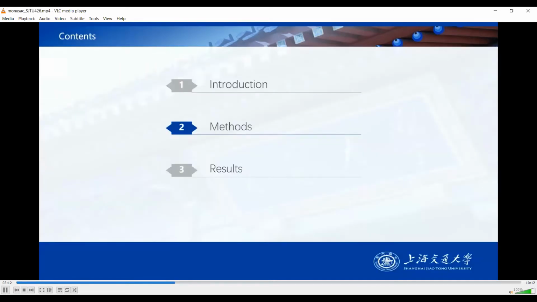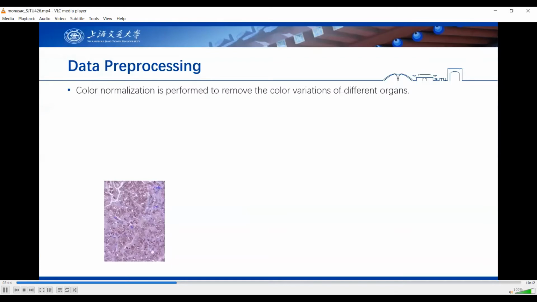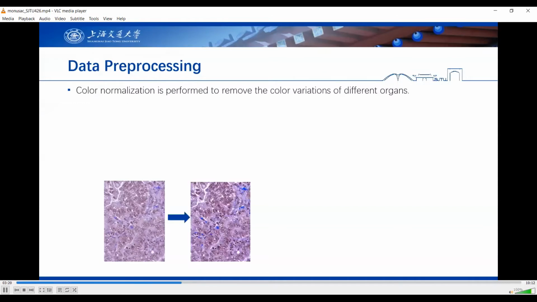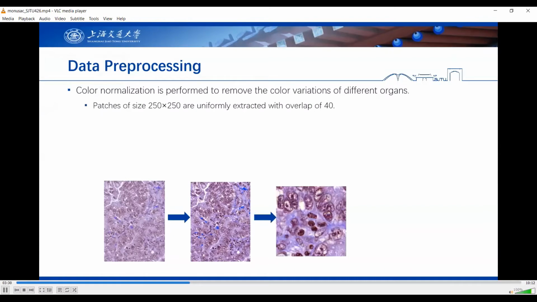Next is the part of methods. First is data preprocessing. Color normalization is performed on all images to remove the color variations of different organs. Then we extract patches of size 250 times 250 uniformly from each training image with overlap of 40.